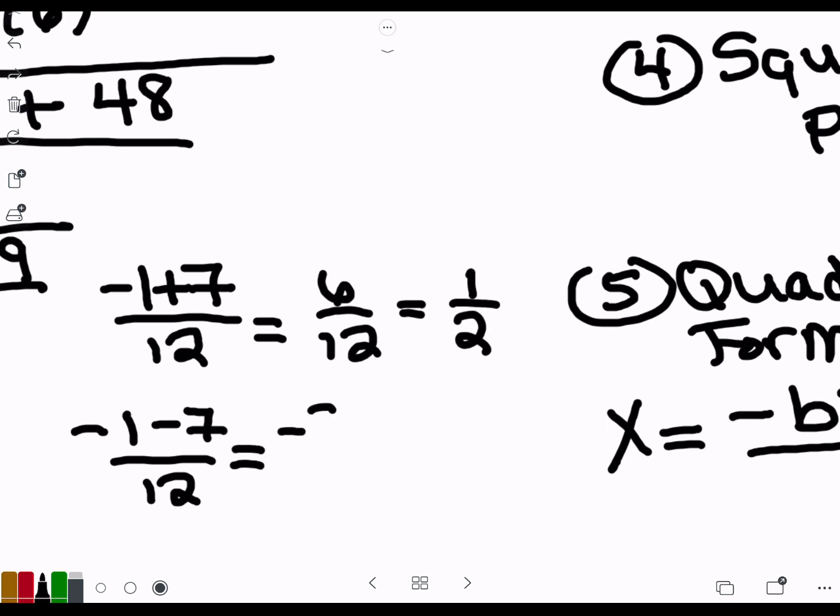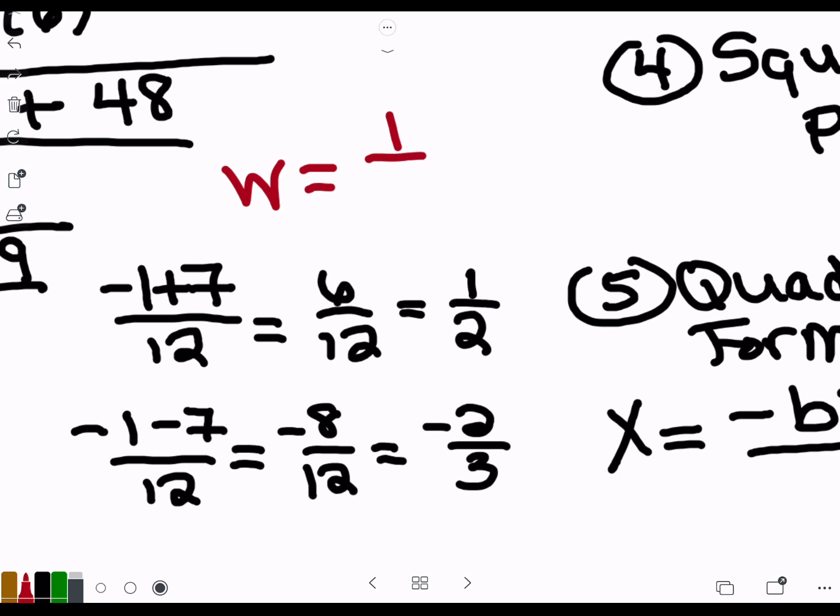And then I got negative 8 over 12. When I reduce that, I can divide the top and the bottom by 4. So that's going to give me 2 over 3. So negative 2 over 3. So the two answers I got for this problem is W is equal to 1/2 and also negative 2 over 3. Those are the two answers.